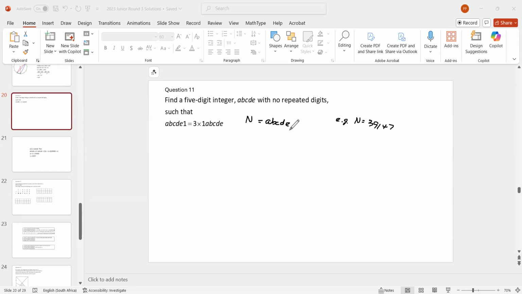So if n is this, then the 6-digit number n1 is equal to 3 times 1n. Now this is also a 6-digit number.